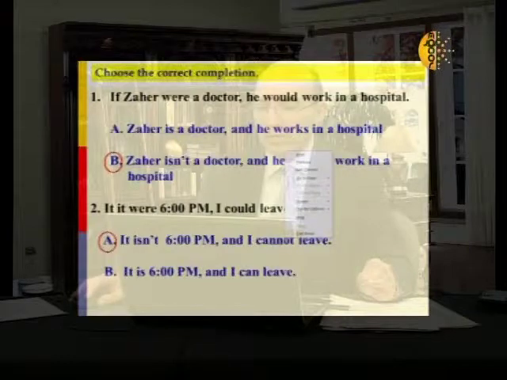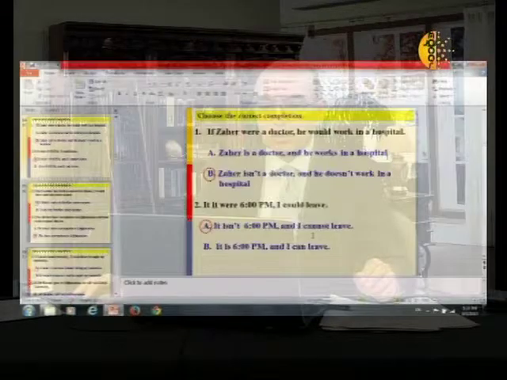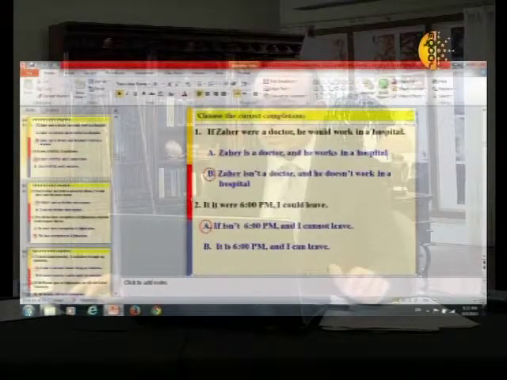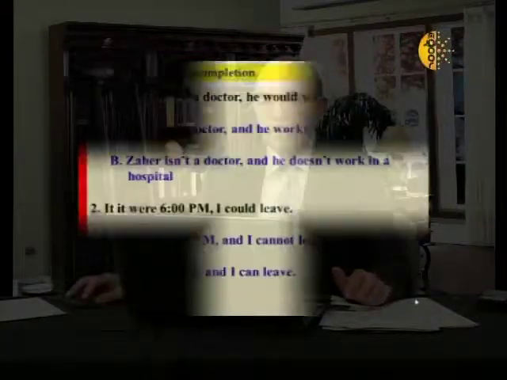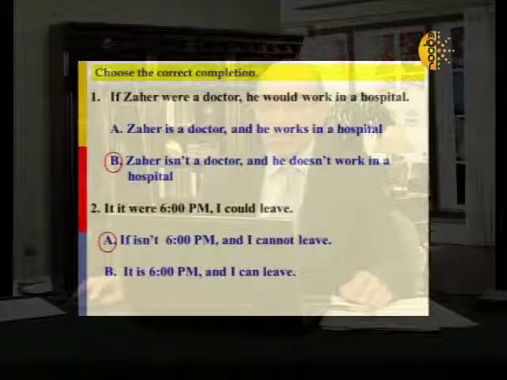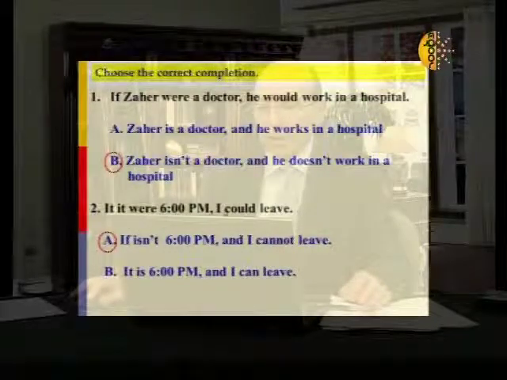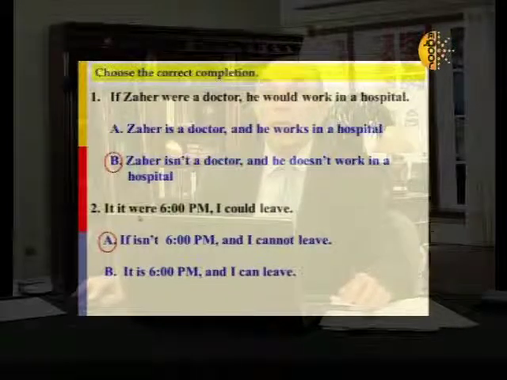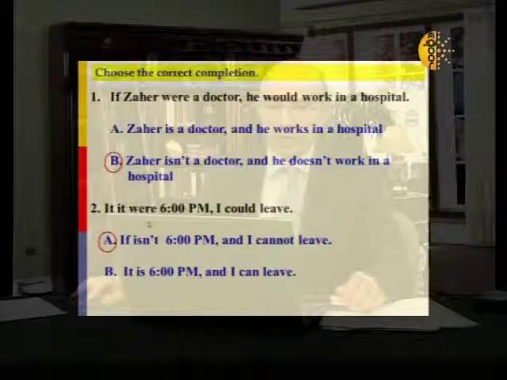So let me first fix this F to an F. If it were 6 p.m., I could leave. But it is not 6 p.m. and I cannot leave.